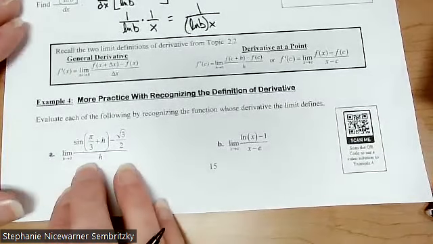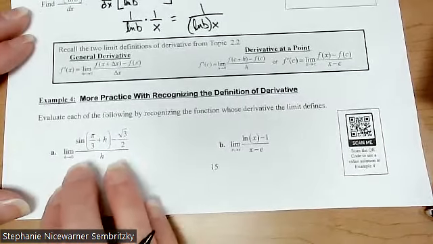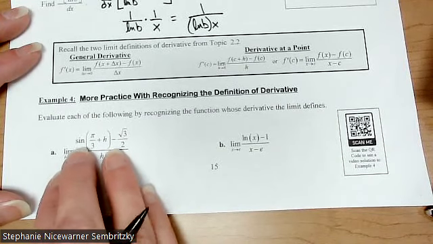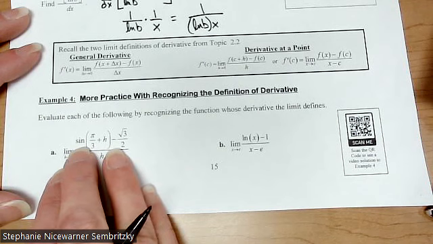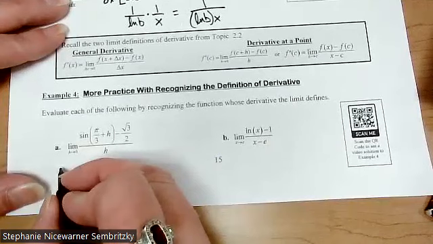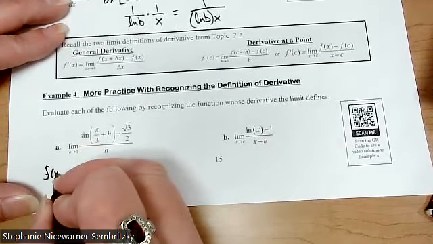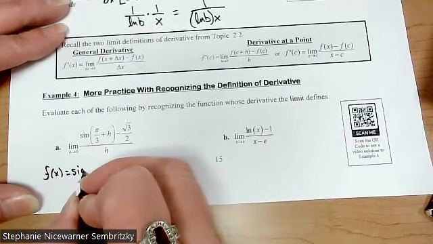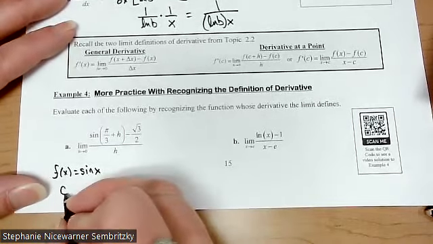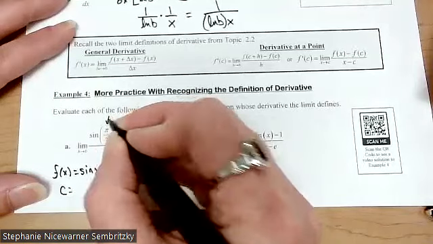So let's see if we can recognize what this is taking the derivative of. Well, the function is sine x. And we're taking the derivative at a specific x value. That c, that x value, is pi over 3.